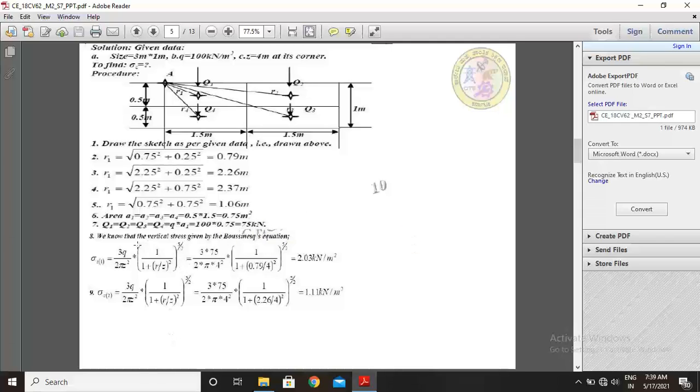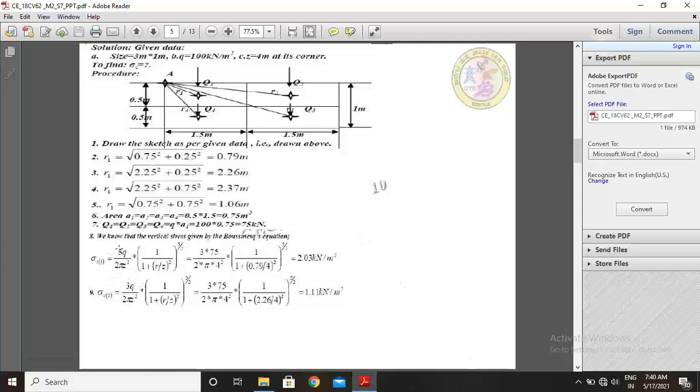Now you calculate the load in point load units. Q1 equal to Q2 equal to Q3 equal to Q4 is equal to q into A1. Here q is 100 kilonewton per meter square multiplied by the area. So we are getting 75 kilonewton, that is the point load.